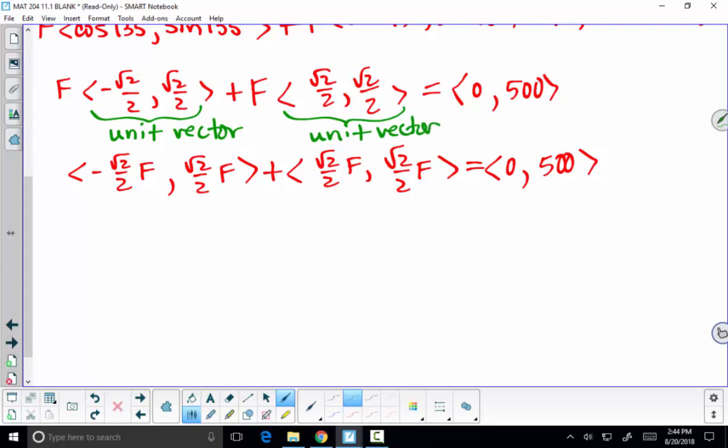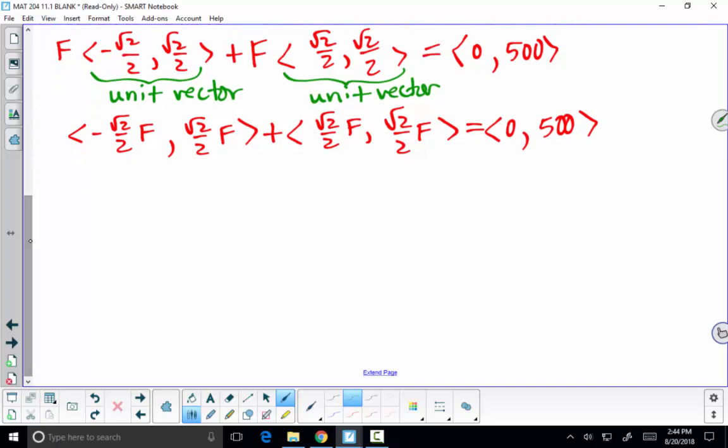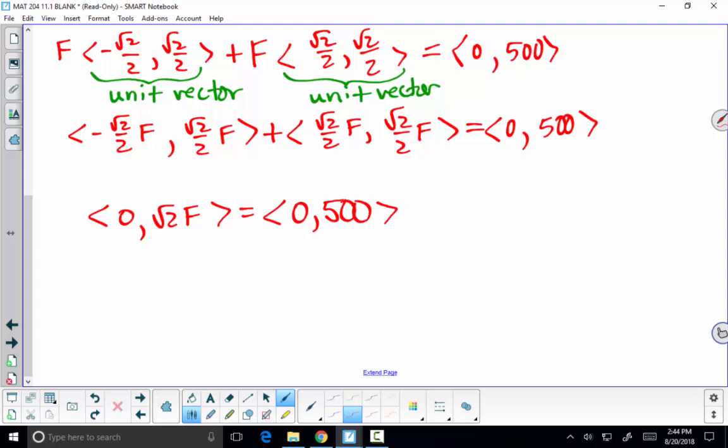So those are scaled unit vectors: unit vector in the direction of interest multiplied by the magnitude. Now we can combine like terms very easily. So we add the firsts, add the seconds.